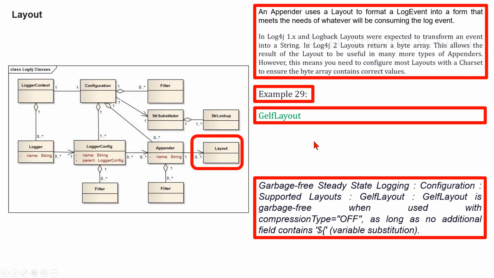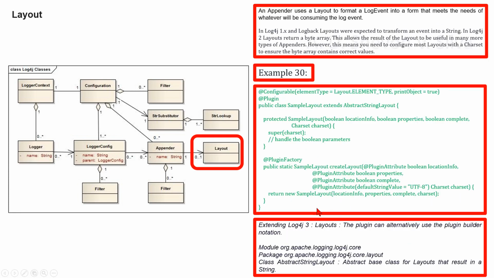GELF layout is garbage free when used with compression type equal off, as long as no additional fields containing $ sign variable substitution are used. Now we are considering extending Log4j layouts.